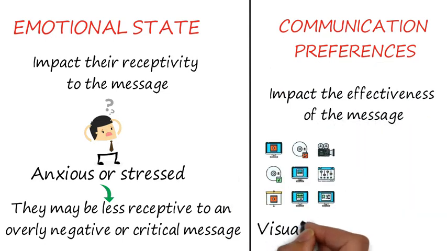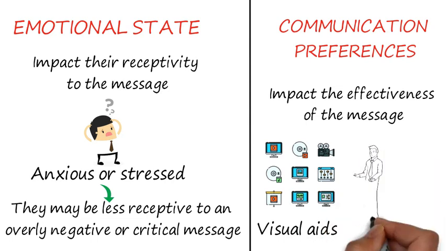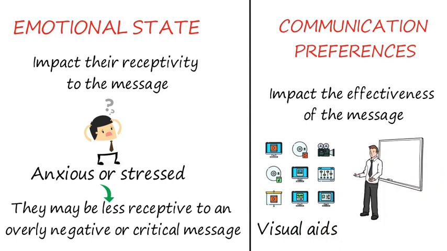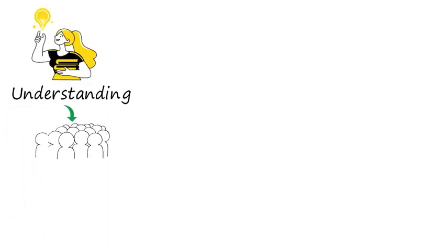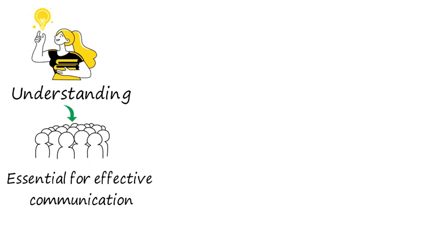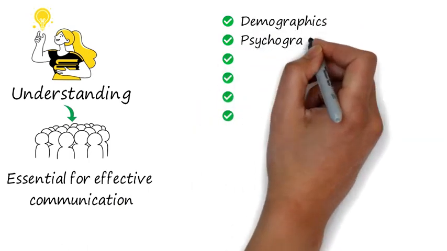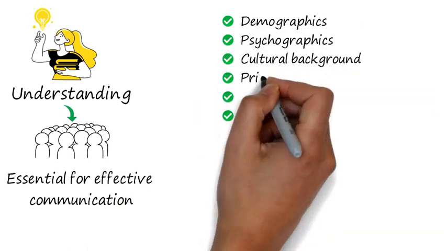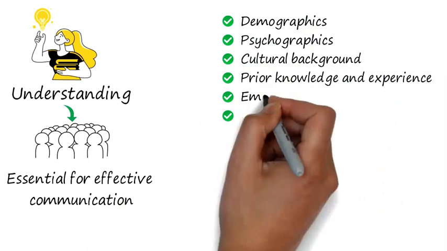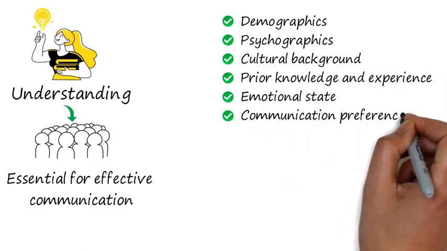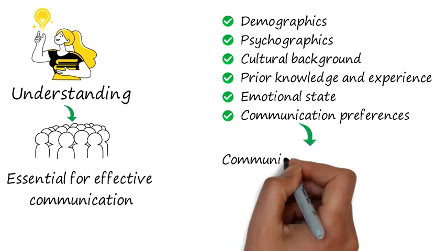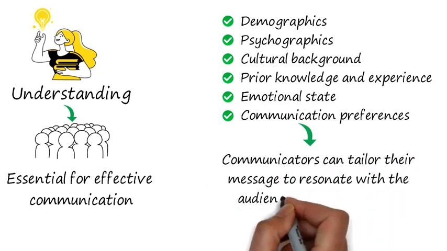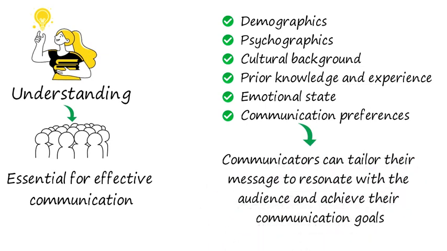Some audiences may prefer visual aids or interactive activities, while others prefer a traditional lecture-style presentation. Understanding the significant characteristics of audiences is essential for effective communication. By considering demographics, psychographics, cultural background, prior knowledge and experience, emotional state, and communication preferences, communicators can tailor their message to resonate with the audience and achieve their communication goals.